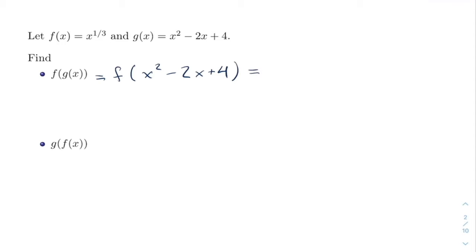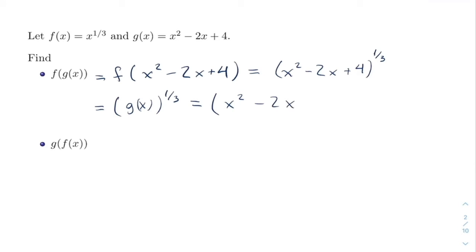So this will be equal to x squared minus 2x plus 4, all that to the power of 1/3. Another way of doing this is to say this is g of x to the 1/3. So in the end, we will get exactly the same.